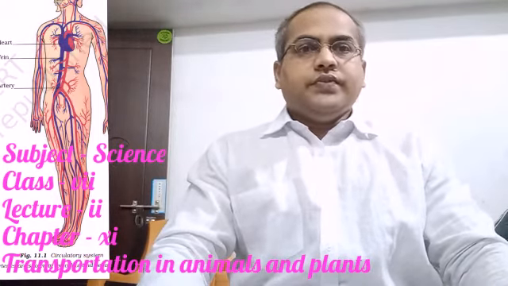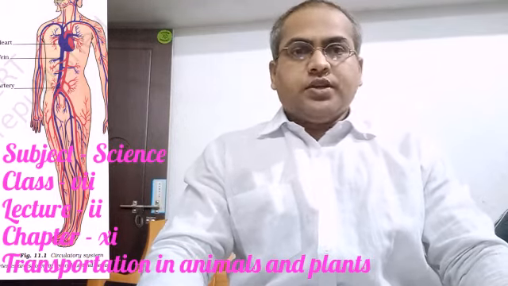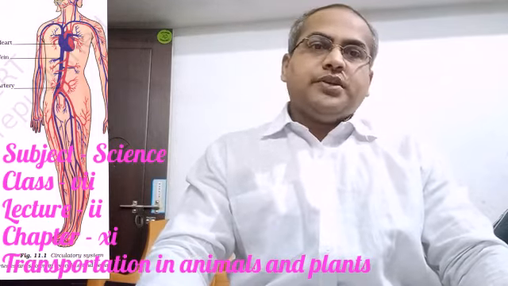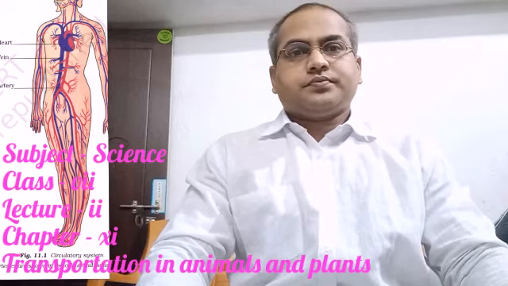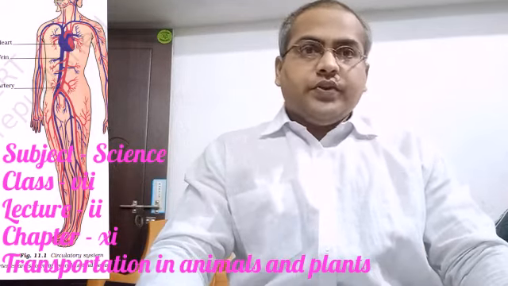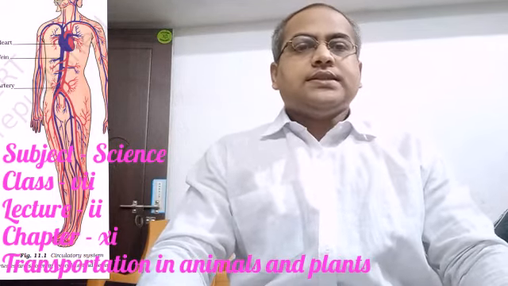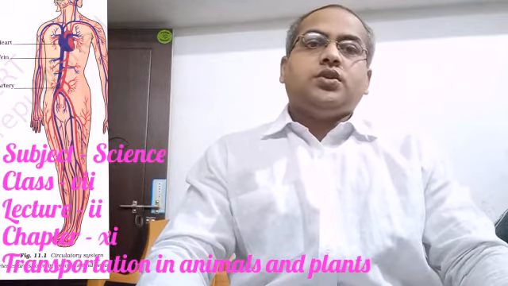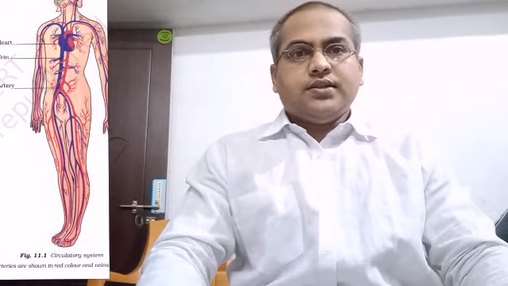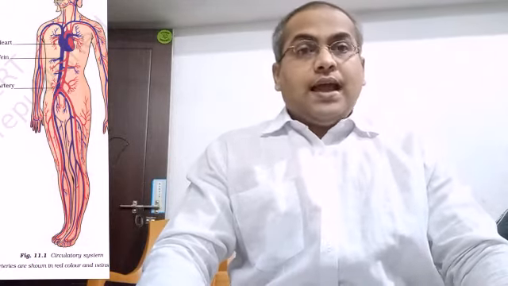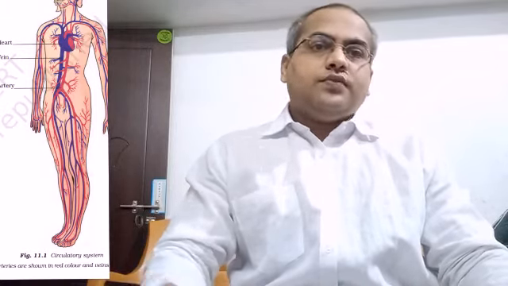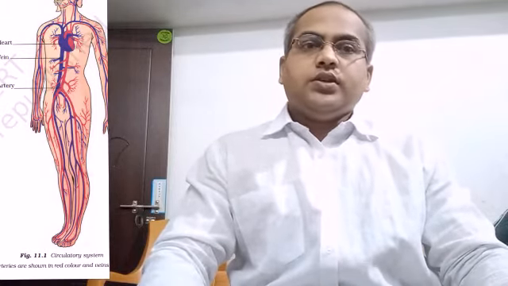Today, in this video lecture, we will discuss chapter 11, that is transportation in animals and plants. In the last video lecture, we discussed that all organisms need food, water, and several other things to survive. And to carry these things to the different parts of the body, there is a liquid.